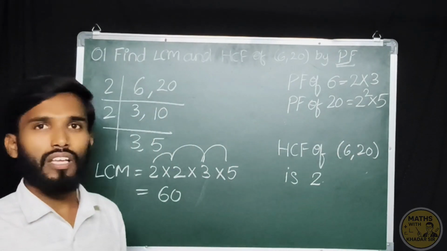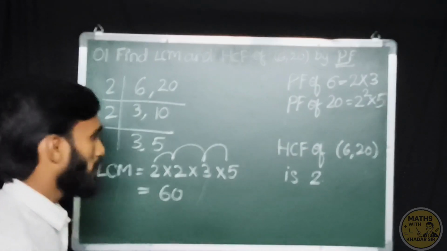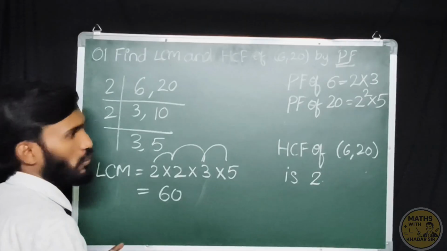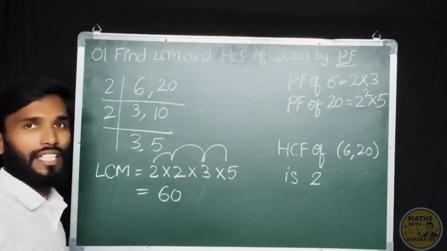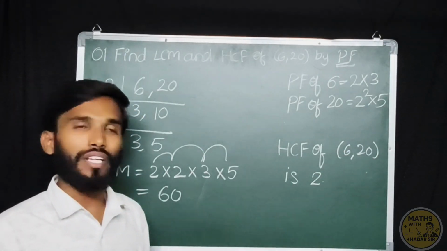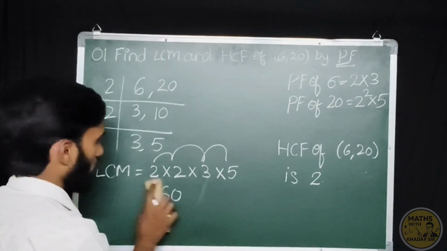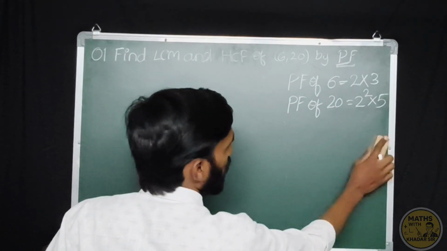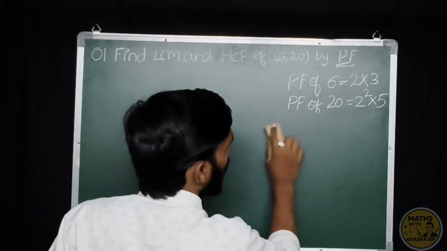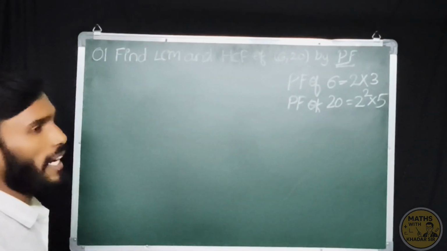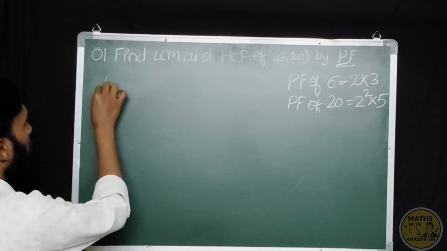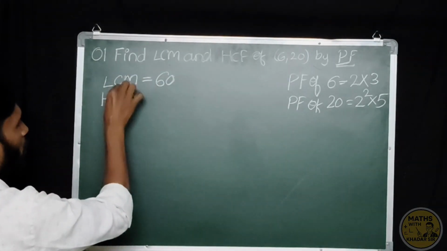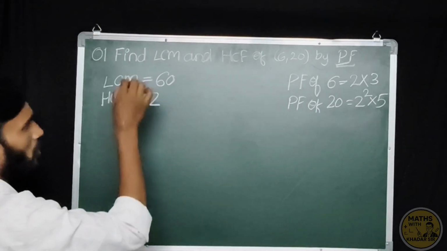If you observe one thing, if you multiply the LCM and HCF, it will be equal to 6 into 20. Let us see how it is possible. Now the LCM we got is 60 and HCF is equal to 2.